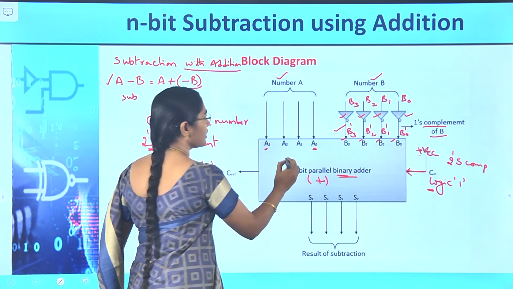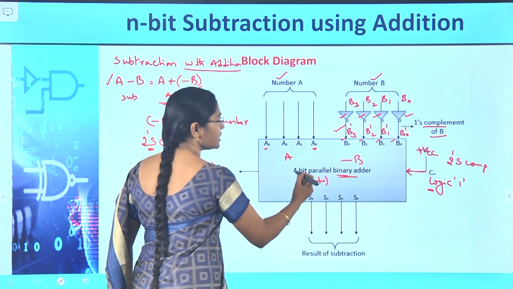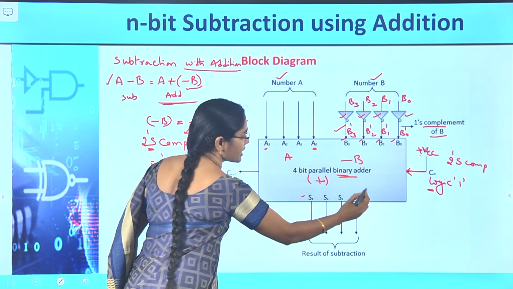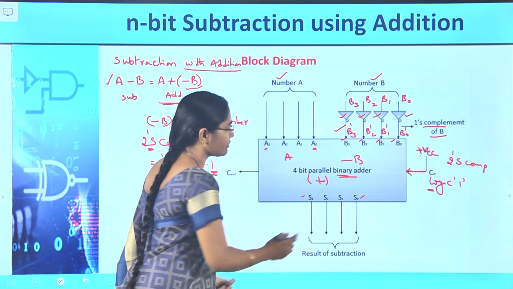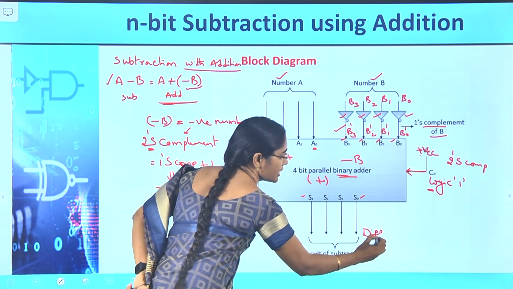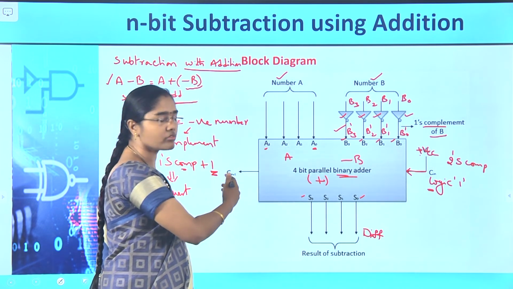So a plus minus b is applied, and the addition between these two produces S0 to S3, which is called the difference.